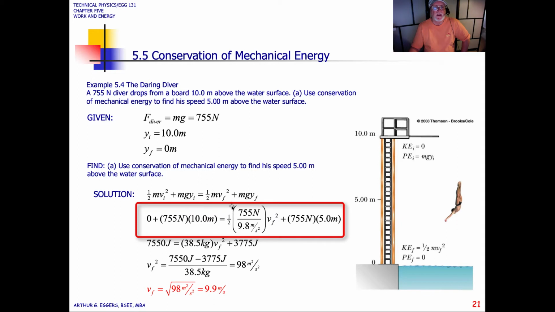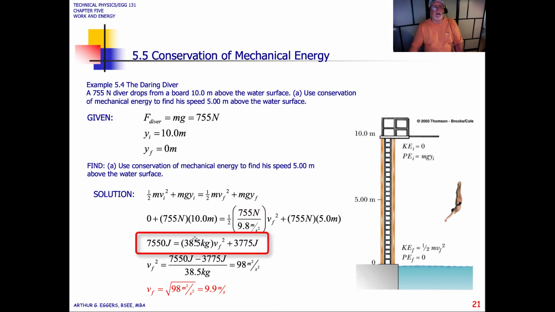Then we set that equal to 1/2 mv final squared, so 755 newtons divided by gravity, 9.8 meters per second squared. And then we can see we've factored out the v final squared because we don't know that velocity. And then we add to it the potential energy, 755 newtons times 5 meters. That's where we're going to stop him mid-flight.